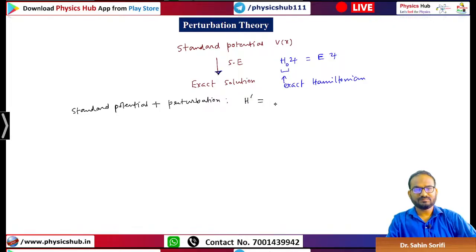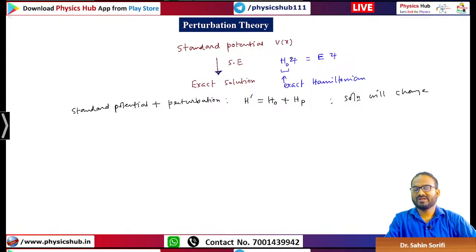It then has two components, one from the exact Hamiltonian, let's say half k x squared, plus some, let's say, lambda x or something, plus the perturbed Hamiltonian, and as a result the solution will also change. We will not get the exact solution.